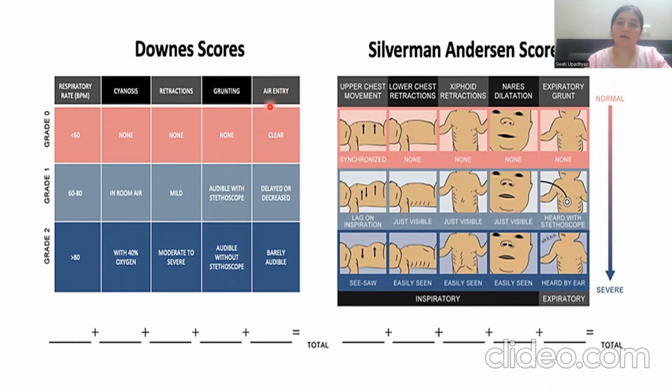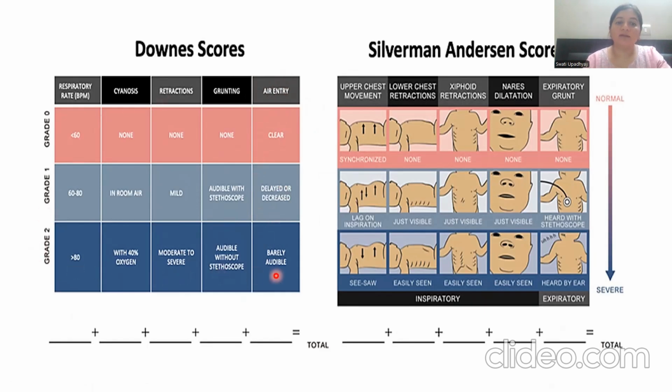And the fifth one is air entry, which you have to check with a stethoscope. If the air entry is clear, the breath sounds are heard clearly over both lung fields, then it is 0 score. If the air entry is decreased, then it is score 1. If the air entry is barely audible, that means you cannot hear any breath sounds, then it is score 2.